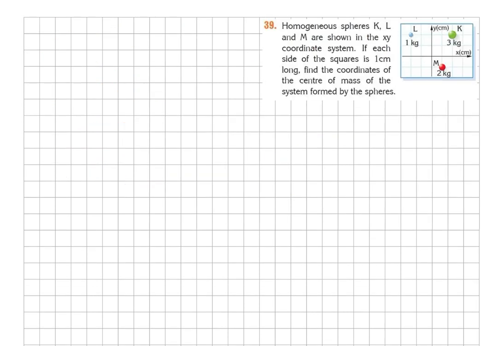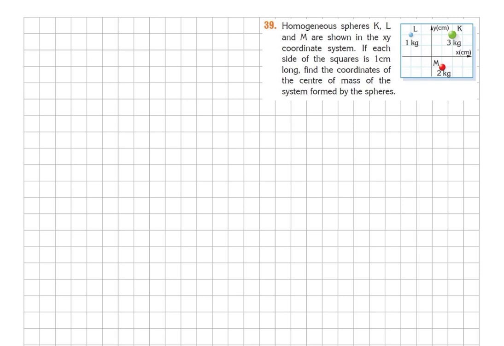Question 39. Homogeneous spheres K, L, and M are shown in a figure in XY coordinate system. If each side of the squares is 1 centimeter long, find the coordinates of the center of mass of the system formed by the spheres. Here we just use the center of mass formulas.